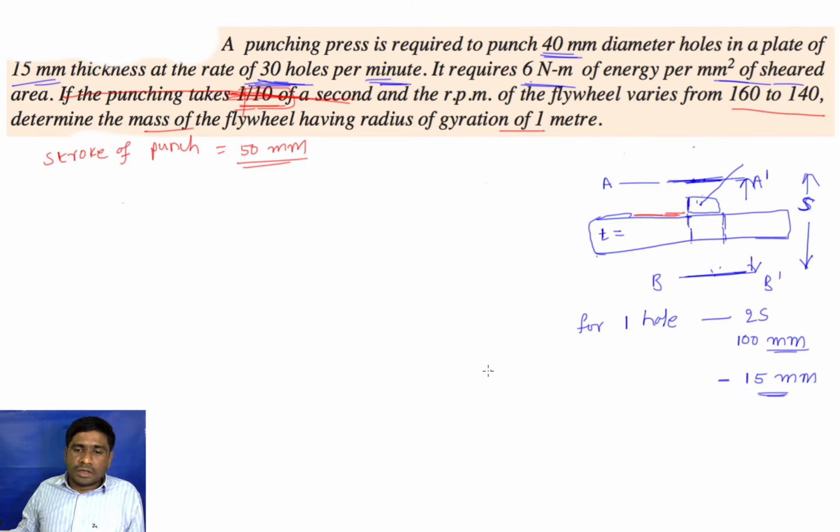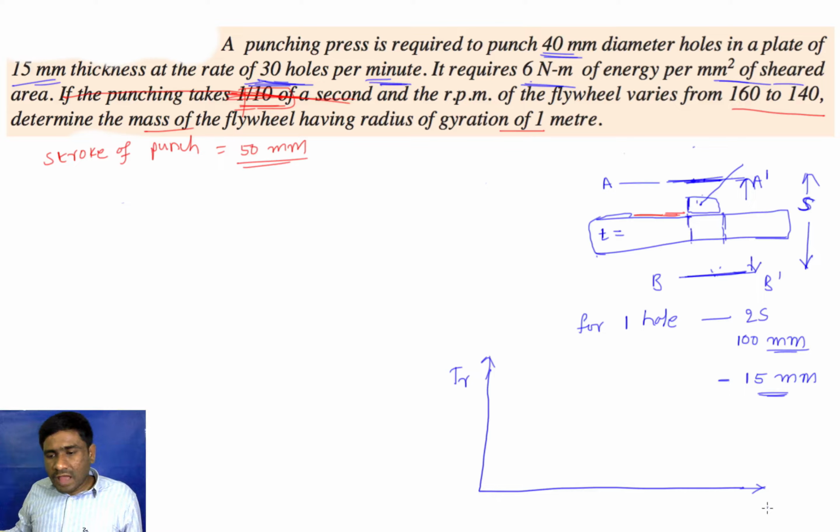So here once again we draw the diagram, and this is the resisting torque TR. Instead of crank rotation, now we will take this punch distance from here.